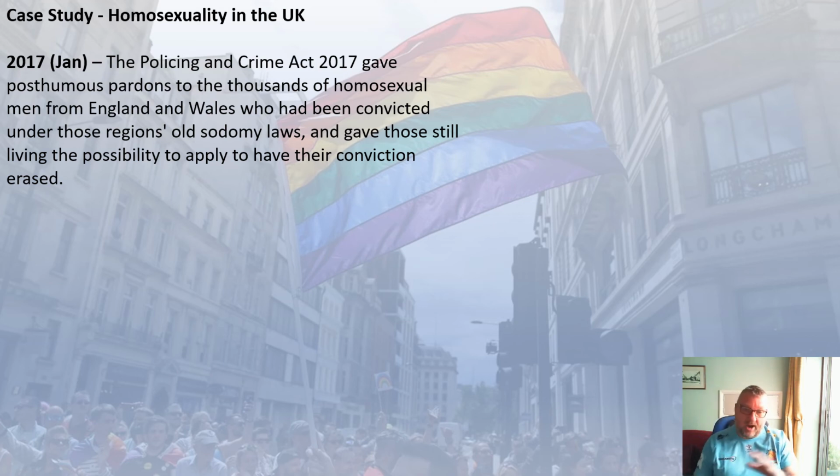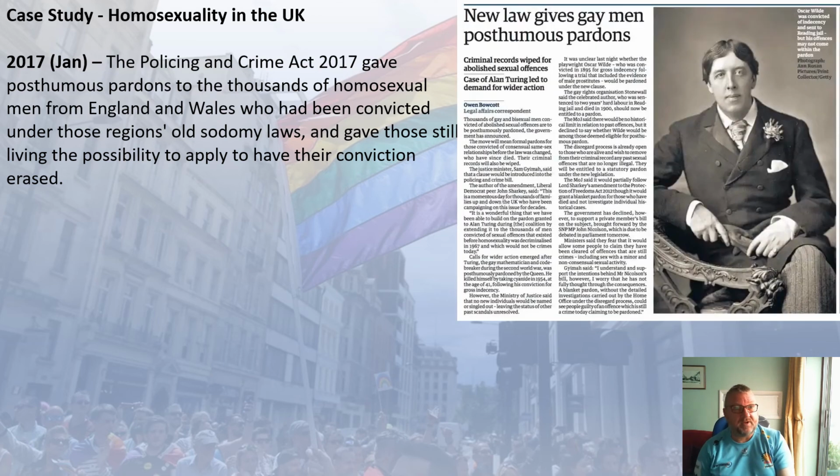So basically it wiped the slate clean for everyone that had previously been convicted. So if you'd been convicted back in the 60s, you were still alive, technically had a criminal record, the 2017 Policing and Crime Act expunged that record. It got rid of it completely. So there you go, there's the headline. So Oscar Wilde, he'd been dead a long time, but posthumously pardoned.